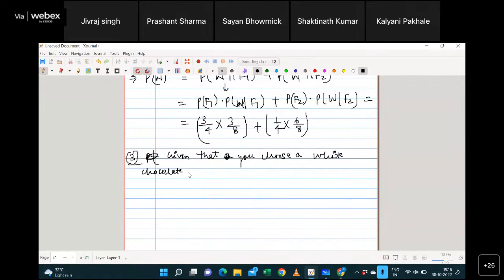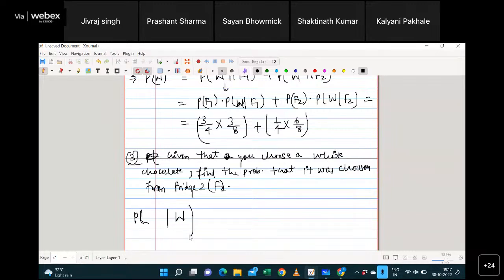Then find the probability that it was chosen from fridge 2, that is F2. What is it asking about? It's given that a white chocolate has already been chosen. What is the probability that it is from fridge 2?